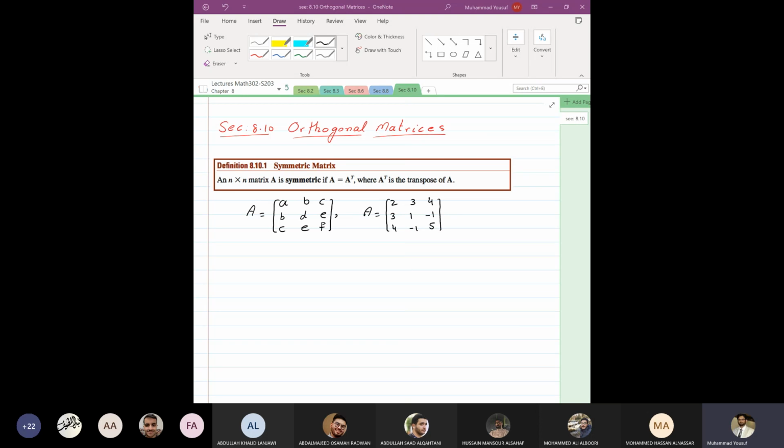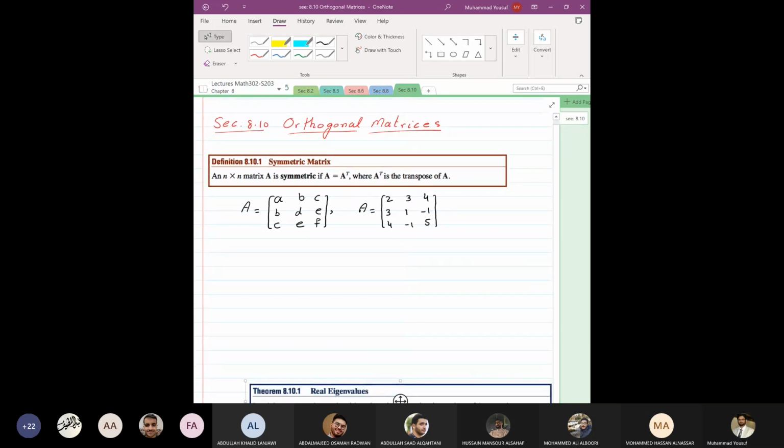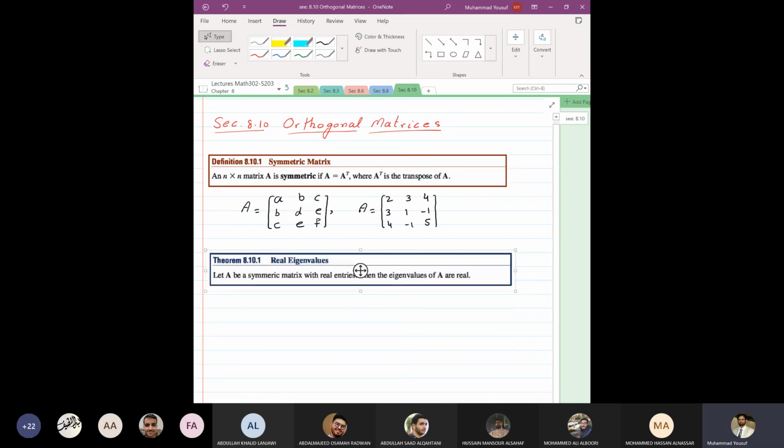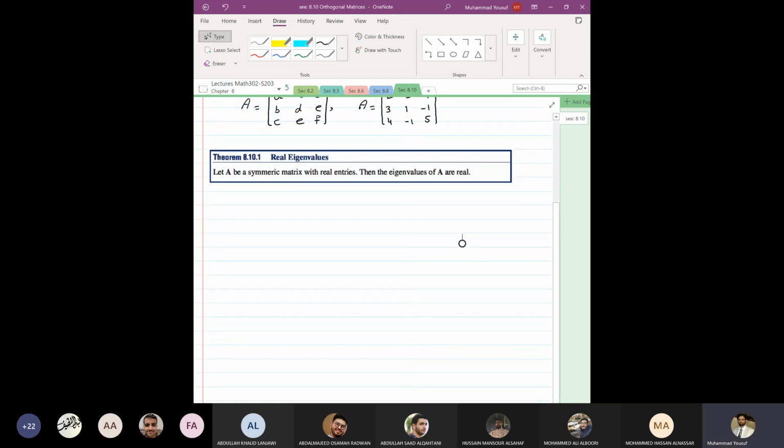The eigenvalues of a symmetric matrix are always real numbers. This is a property of symmetric matrices, that they have real eigenvalues.